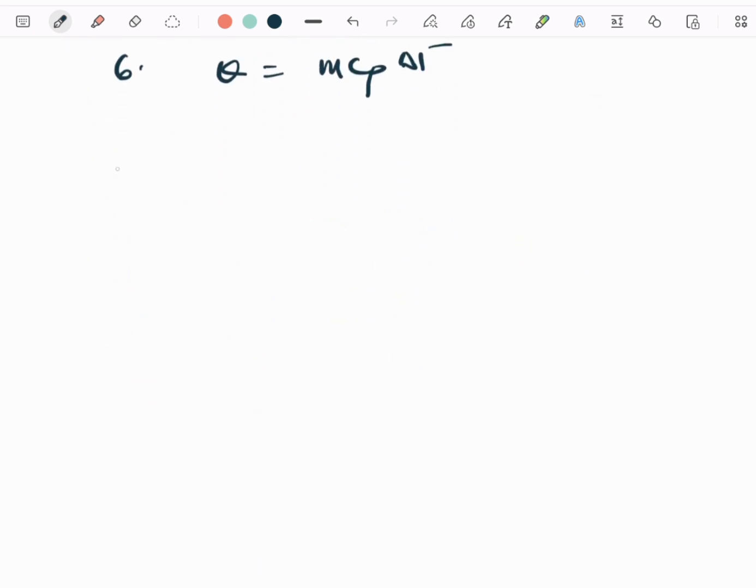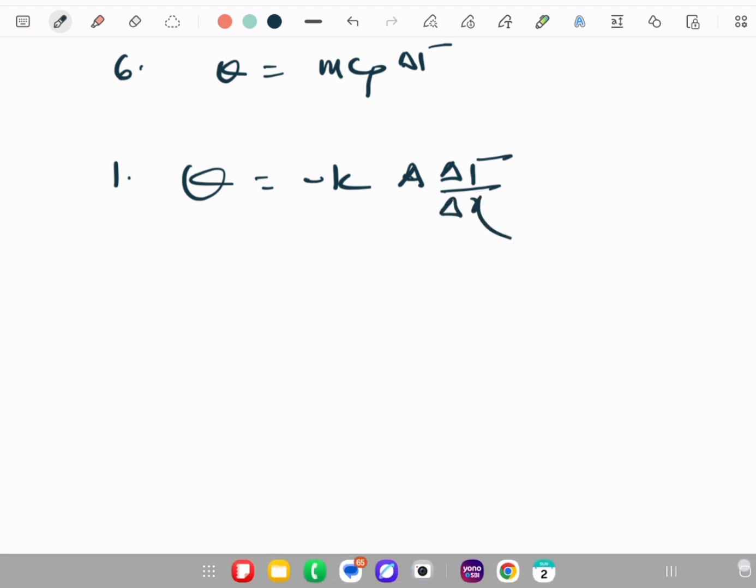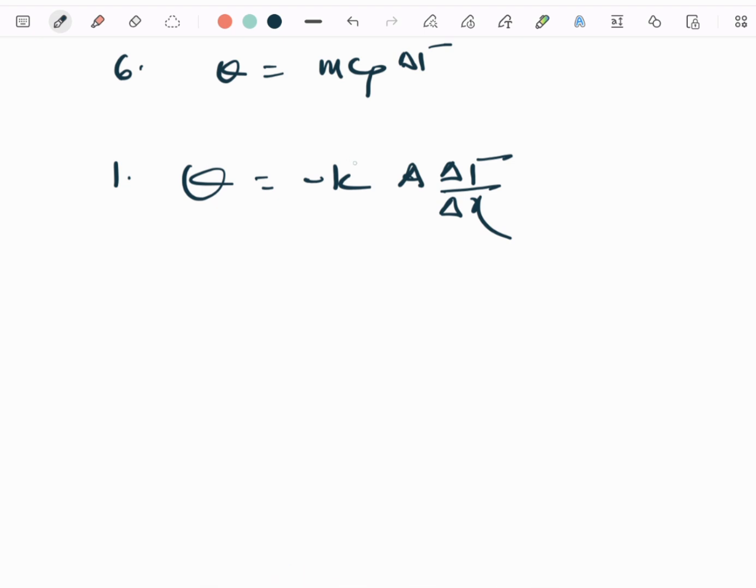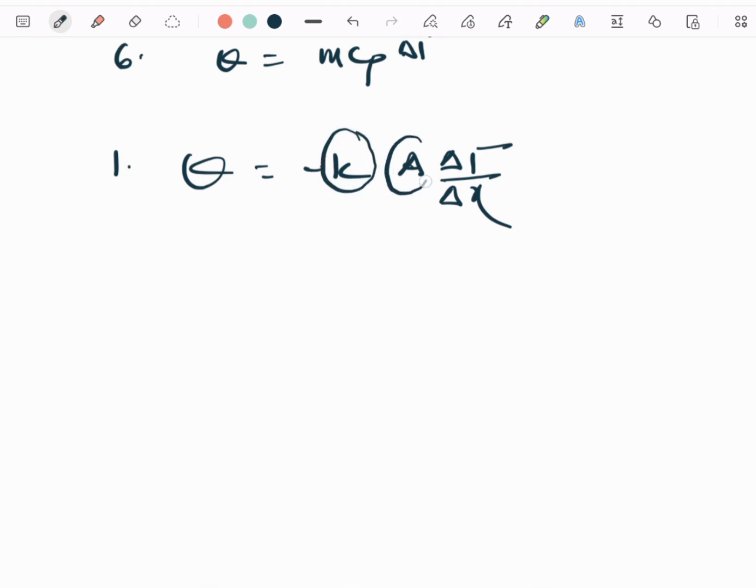So first equation, Q = -kAΔT/ΔX. In this equation, k is thermal conductivity, A is the cross section area, ΔT is the temperature gradient, and ΔX is the thickness of the substance through which the heat is going to transfer or travel.